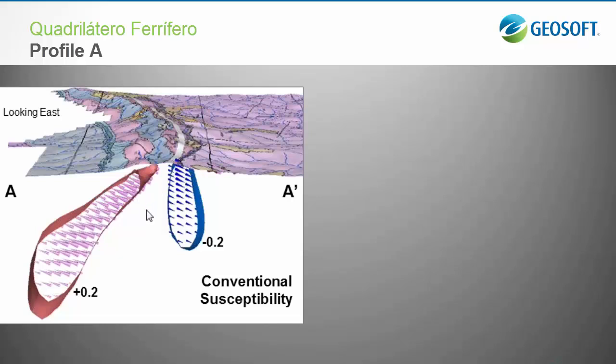And this is showing me a section of the conventional susceptibility. This is the strong positive, and then this negative here to reproduce the field that we had. And I'm also showing the cone vectors pointing in the direction of the inducing field. So the susceptibility model, which explains the data, looks like this, and it misses the location of the atabarite. It's close, it's down the middle here, but that's the deceiving part.